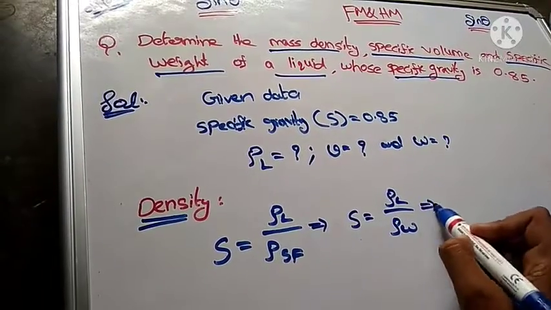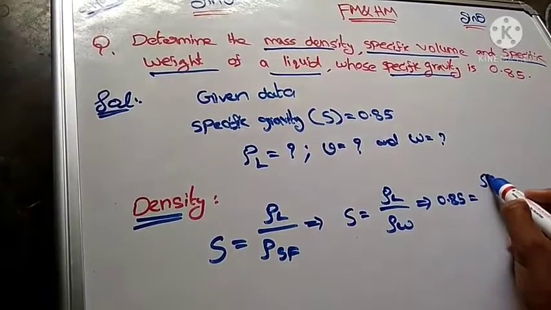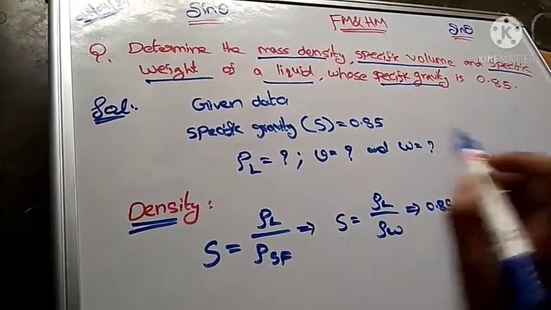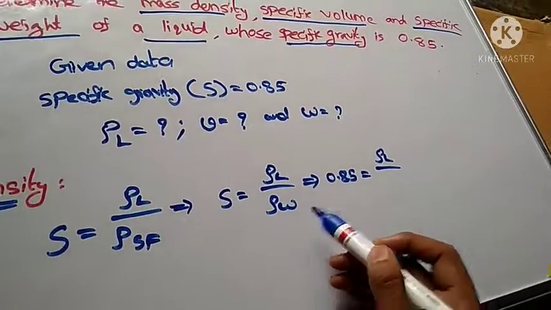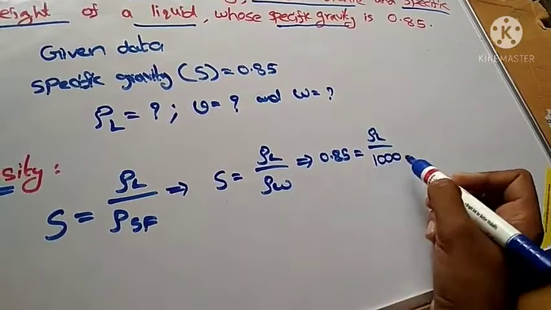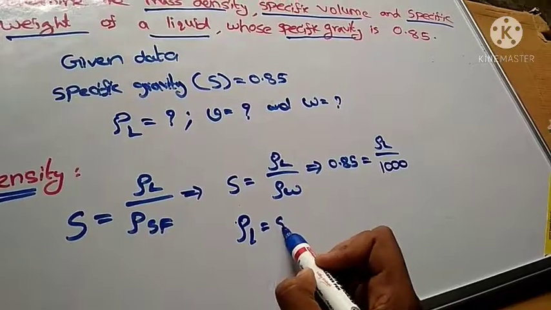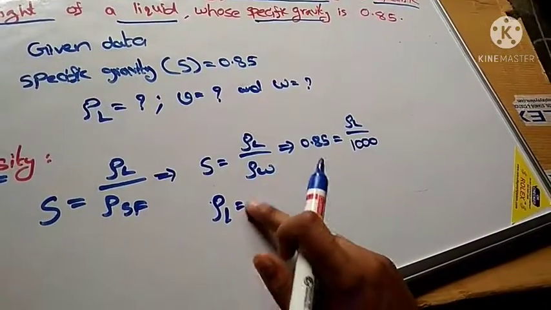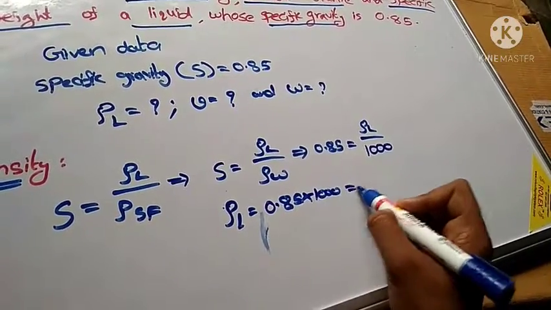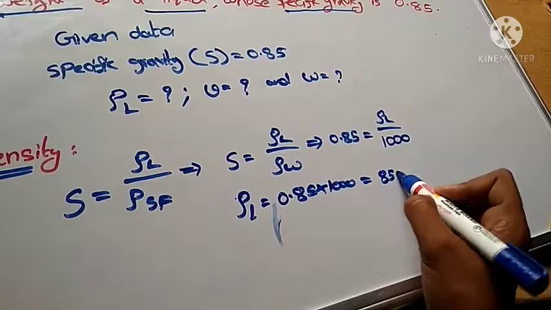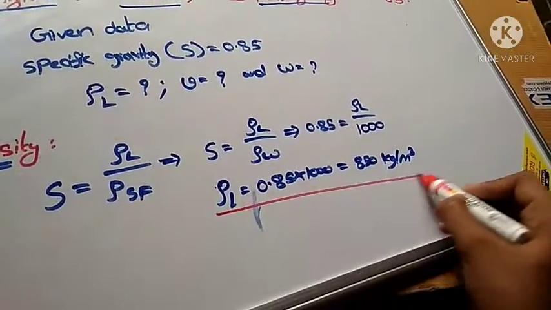S is 0.85, and that is equal to the density of liquid, which we don't know, the question mark, divided by the density of water, which we already know is 1000. So density of liquid is equal to 0.85 into 1000, that is equal to 850 kg per meter cube, the final value of density.